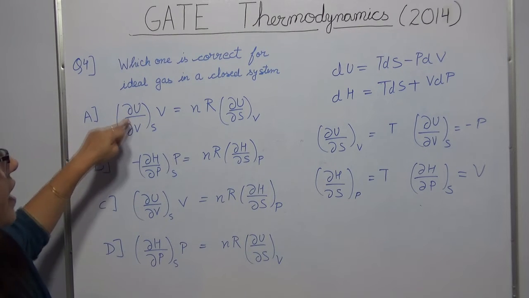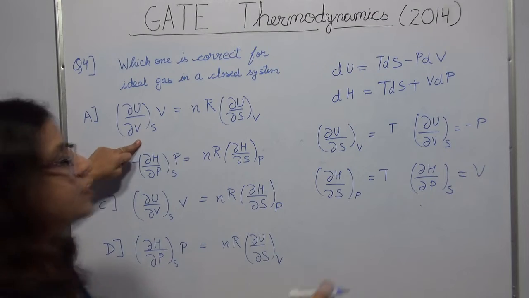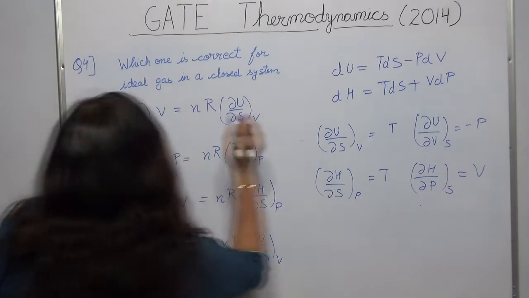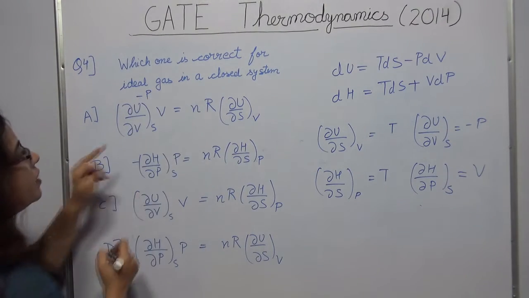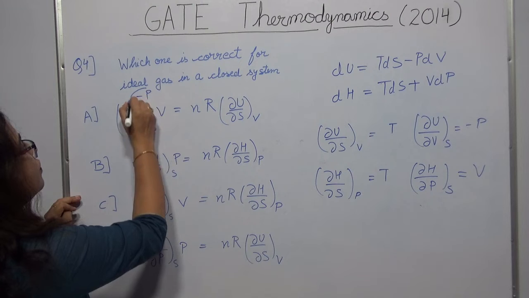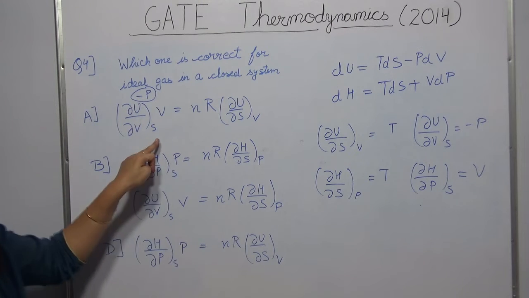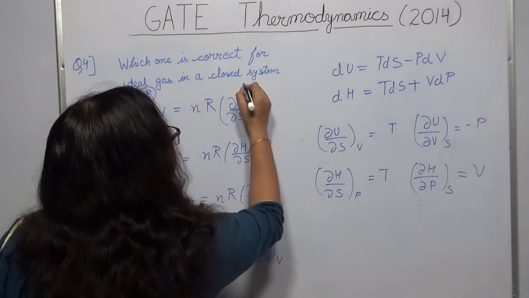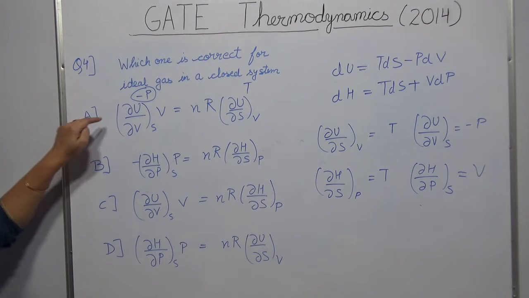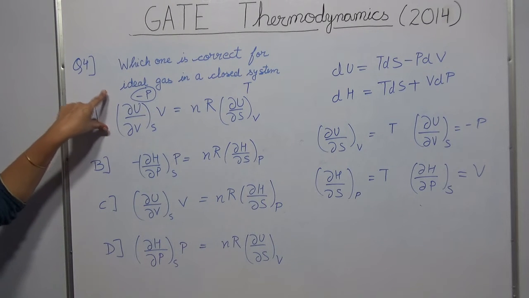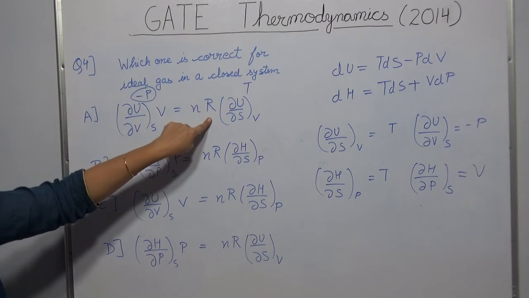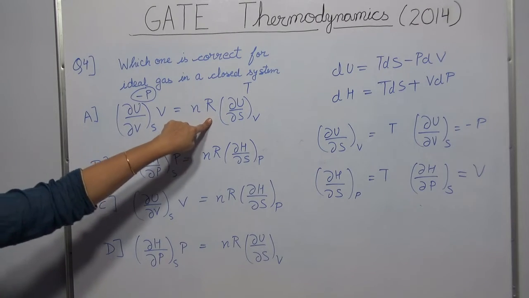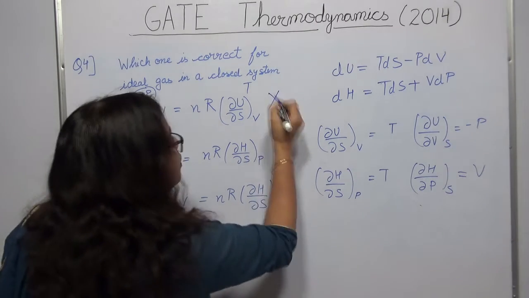Del U by del V at constant S is equal to minus P, so I will write minus P over here. Just to differentiate, I will mark a circle on it. Del U by del S at constant V is equal to T. Now this equation takes the form minus PV is equal to nRT. There is an extra negative sign, so this option is wrong.